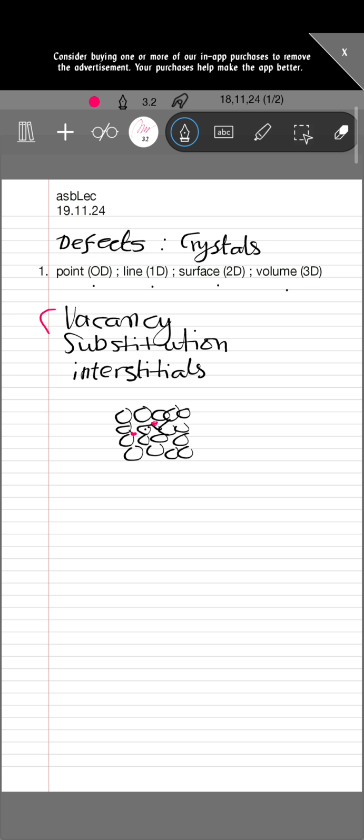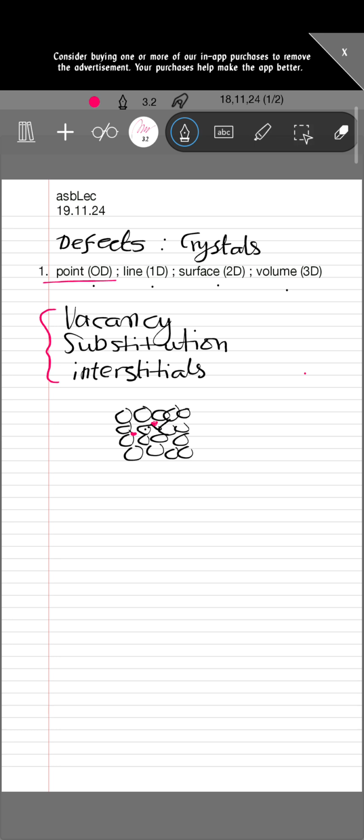So all these three kinds of defect come under the point defect. Now this is the case of crystals.